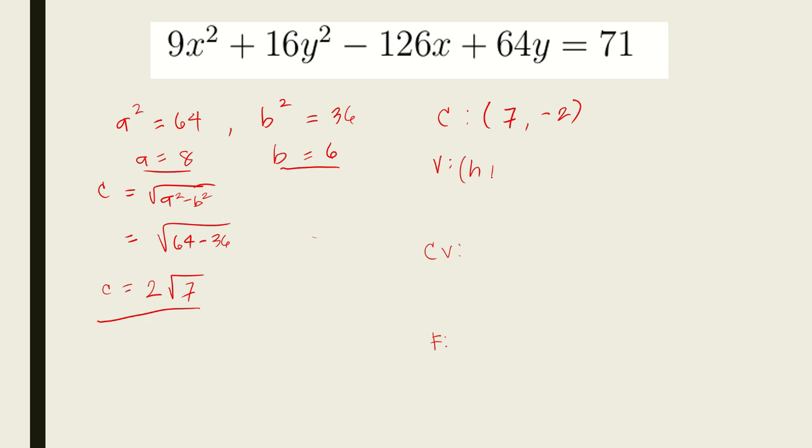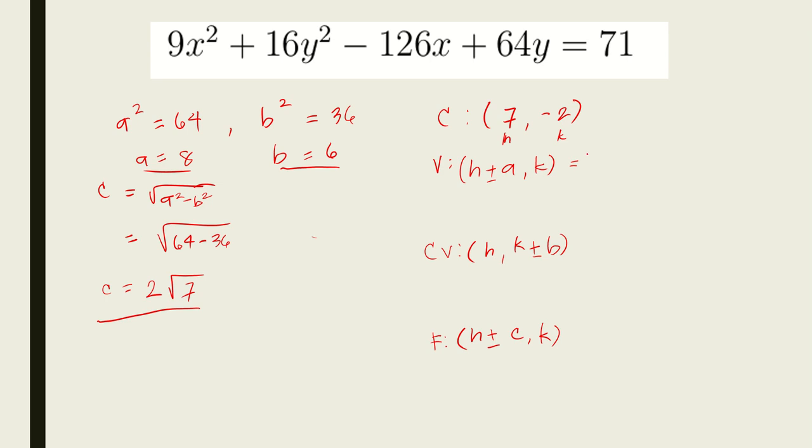For the vertices, that is h plus minus a, comma, k. Then the co-vertices is h, comma, k plus minus b, and the foci is h plus minus c, comma, k, so that we can substitute the needed values there. Again, the center is the h and the k.